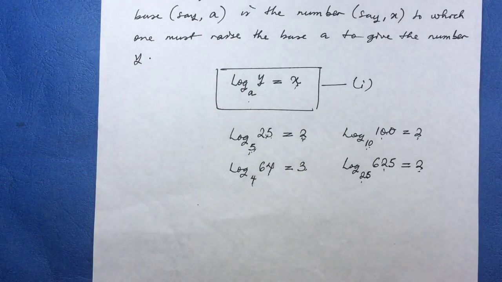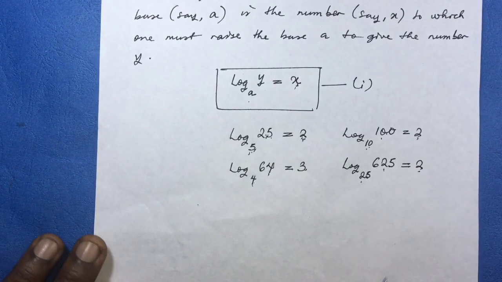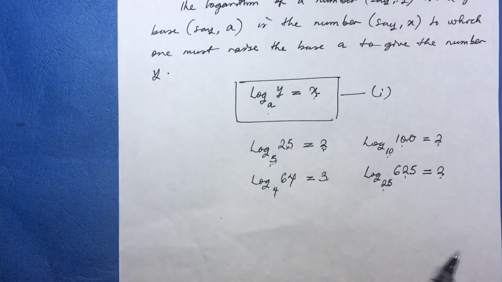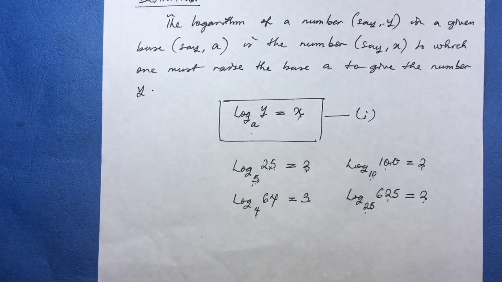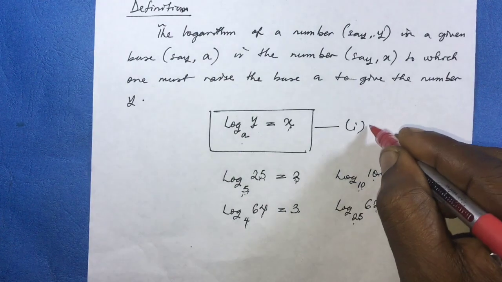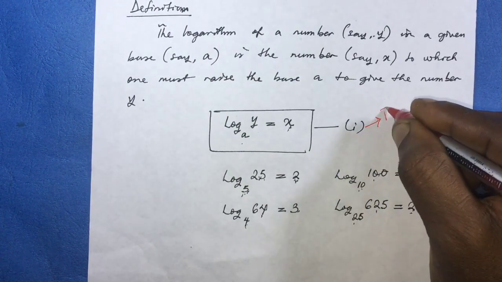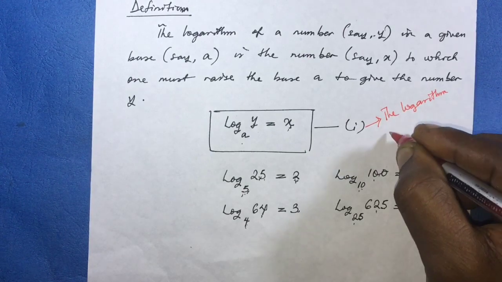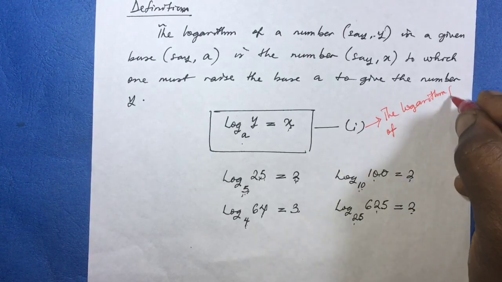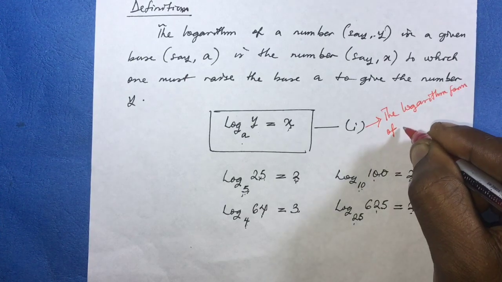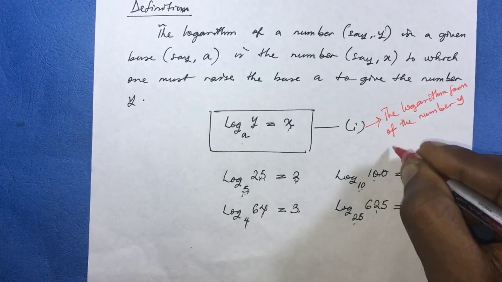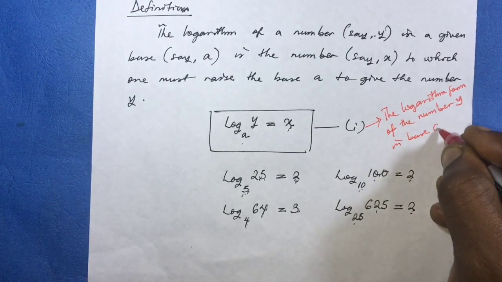I hope you understand that. Now, what this explanation tells us is that logarithm has a relationship with indices. So, equation 1 is called the logarithmic form of the number y in base a.